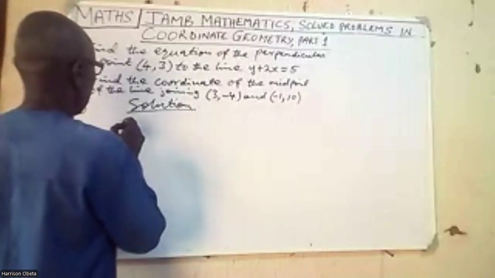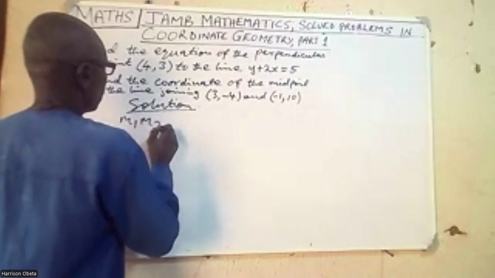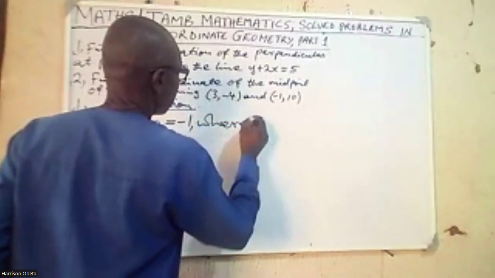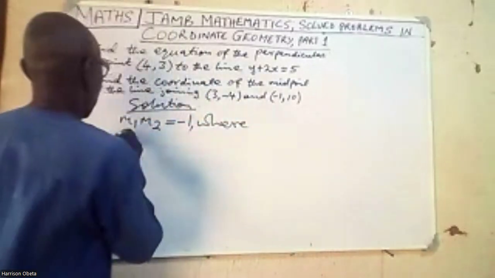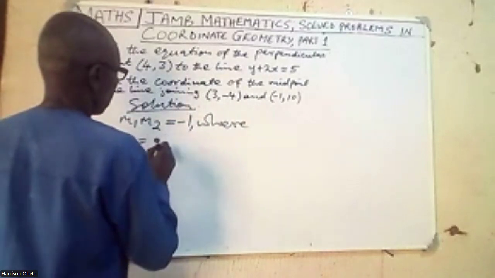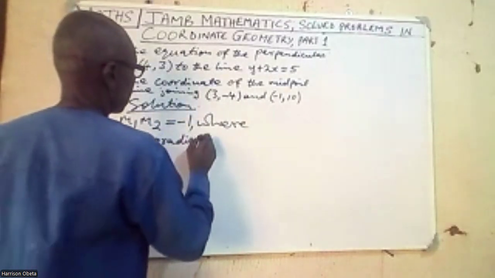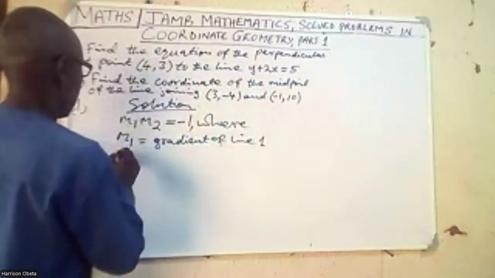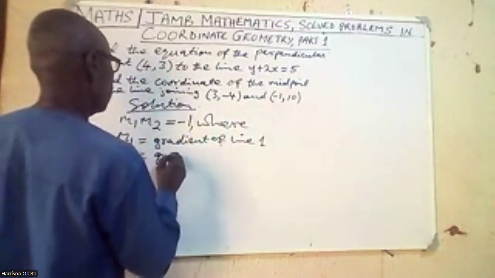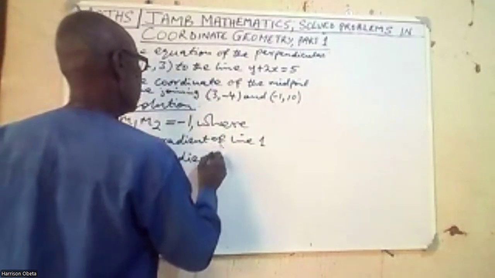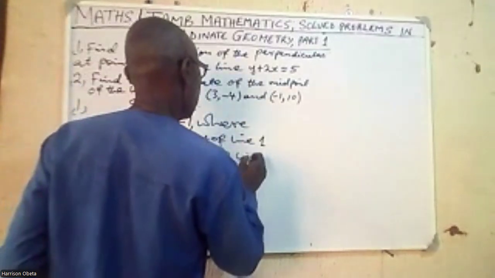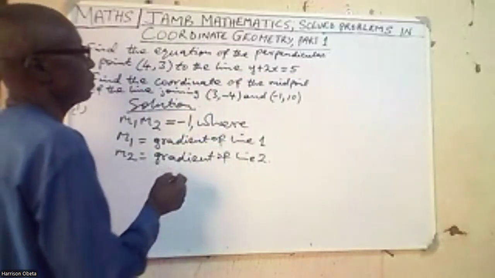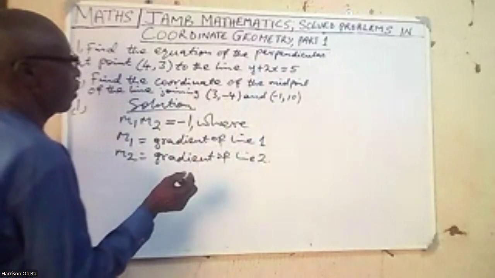That means M1 M2 equals -1, where M1 equals gradient of line 1, M2 equals gradient of line 2. So here, let us take this to be our line 1.